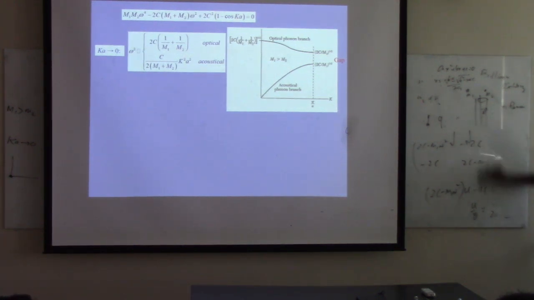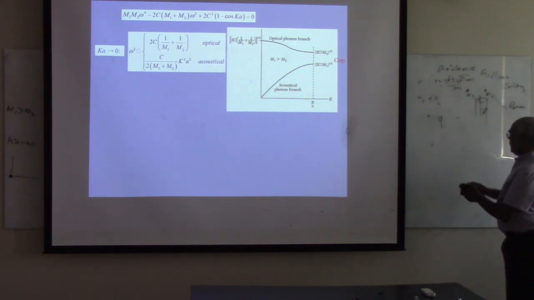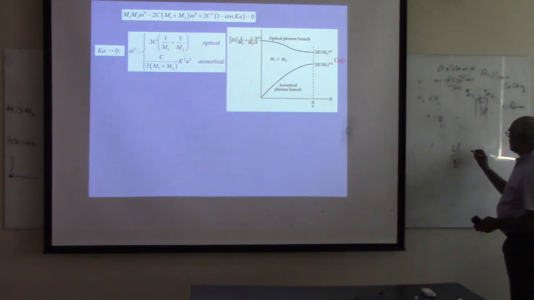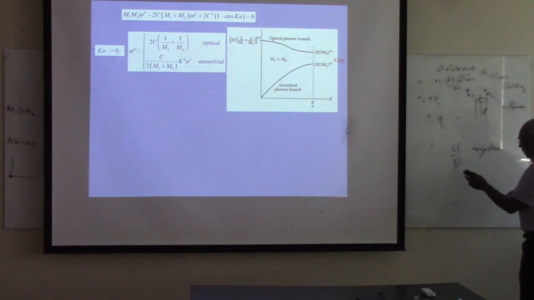Acoustic modes mean particles go in the same way. We call it in phase. If one goes up, the other one also goes up. That's the acoustic mode. Acoustic modes mean your U over V is negative, right? No, sorry, acoustic is positive.